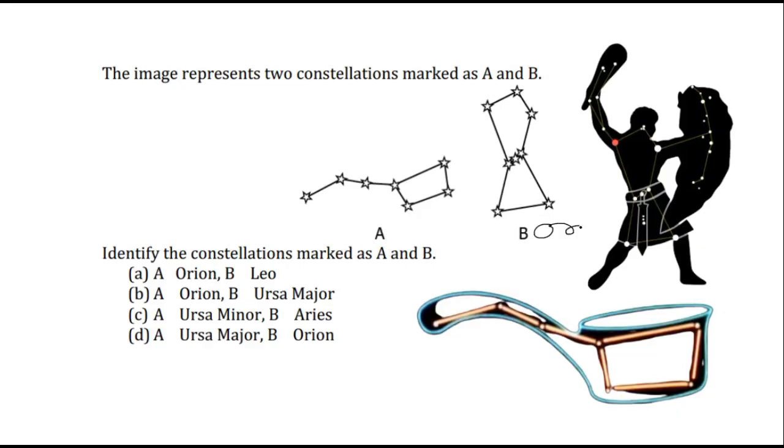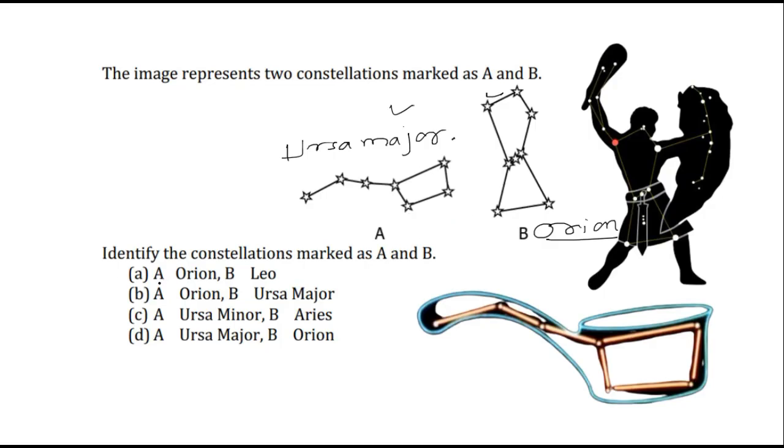So we have Orion as well as Ursa Major. Remember this. These diagrams are very important as far as exams are concerned. It's in your syllabus. You may expect these drawings in your question paper.